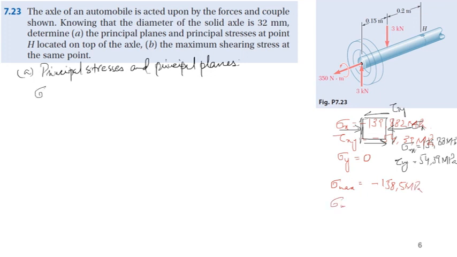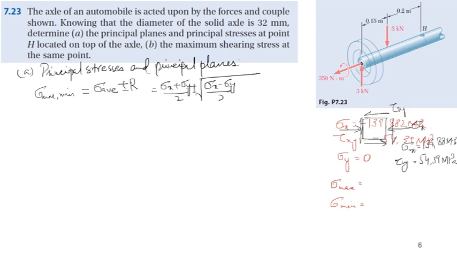Let's calculate sigma max and minimum, which will be equal to sigma average plus minus radius, or sigma x plus sigma y divided by 2 plus minus under root of sigma x minus sigma y divided by 2 square plus tau xy square.